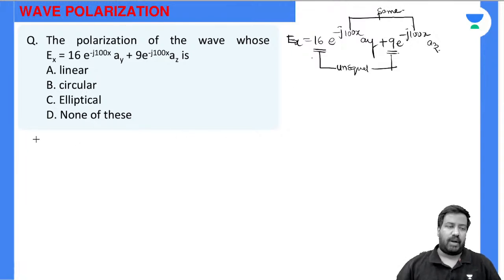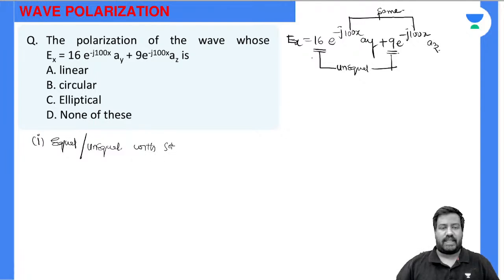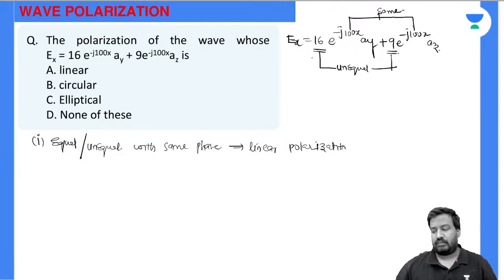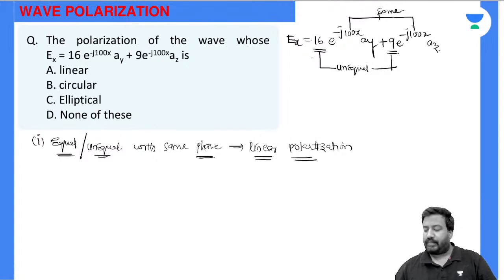Same phase means, remember, case 1: equal or unequal amplitude with same phase gives linear polarization. Any doubt?